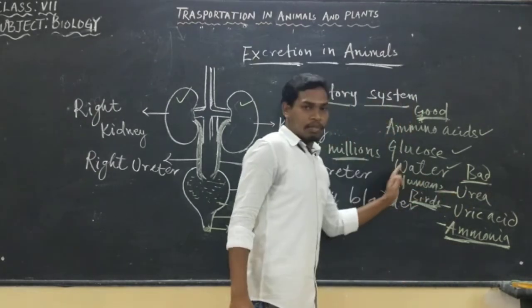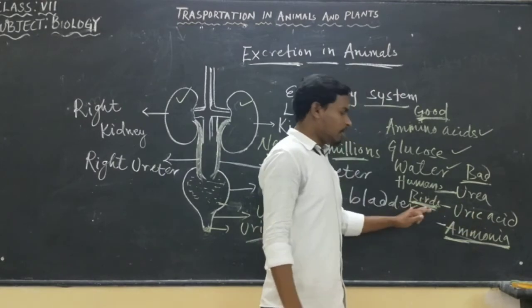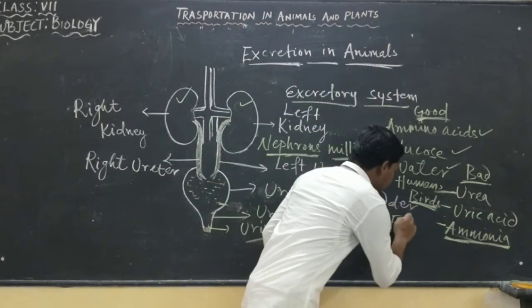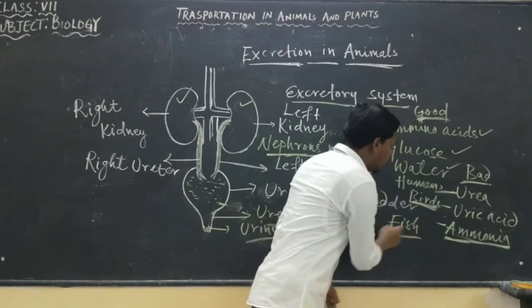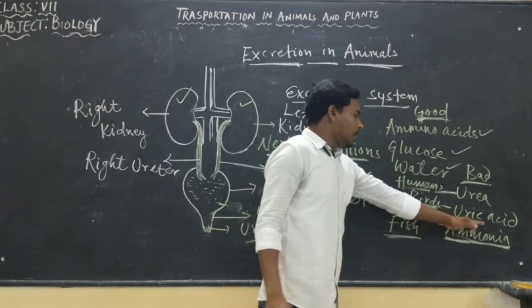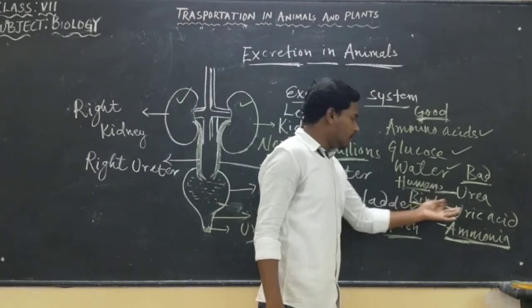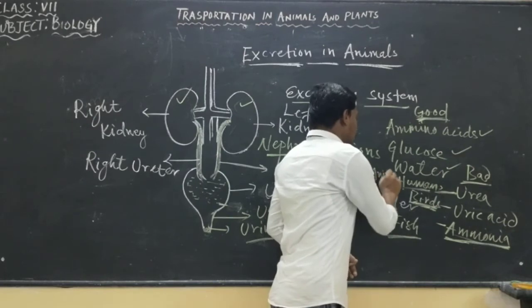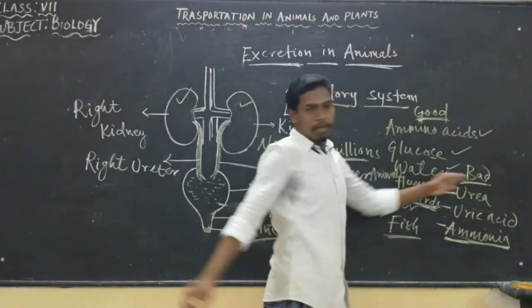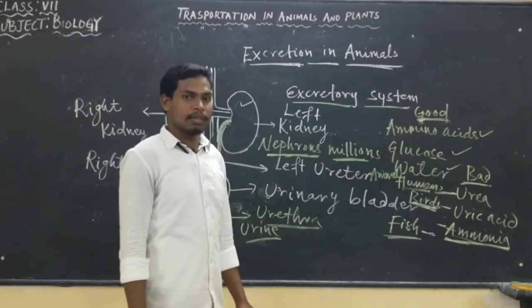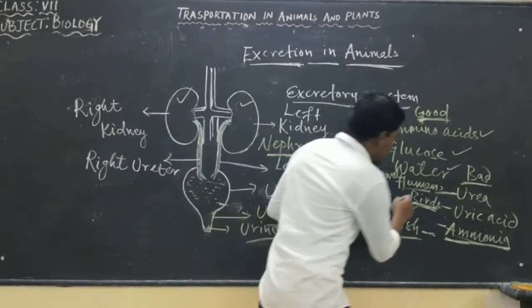Urea from human beings, uric acid from birds or reptiles, and ammonia from fish. Remember these three terms: ammonia from fish, uric acid from birds and lizards, urea from animals like human beings. This is very important.